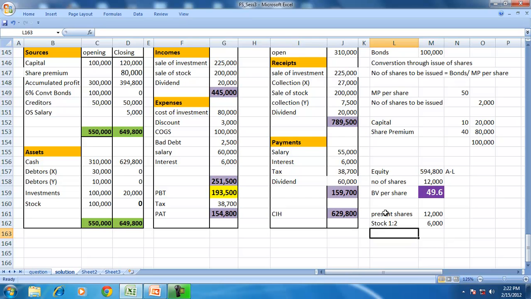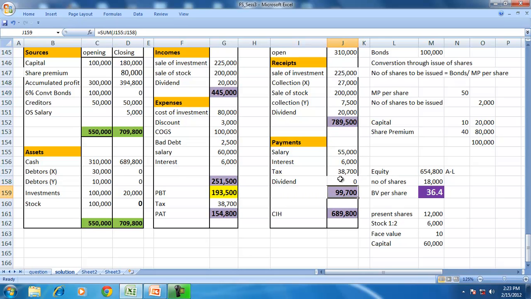The face value of the share is 10. So the capital will increase by 60,000, whereas the retained profit will reduce by 60,000.